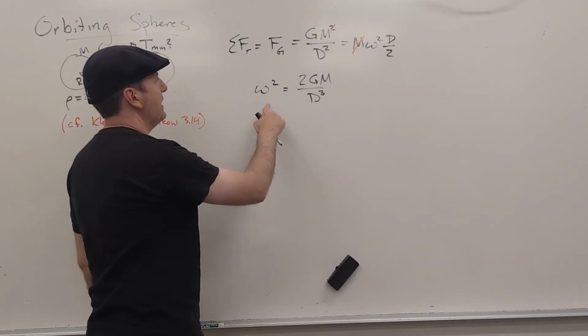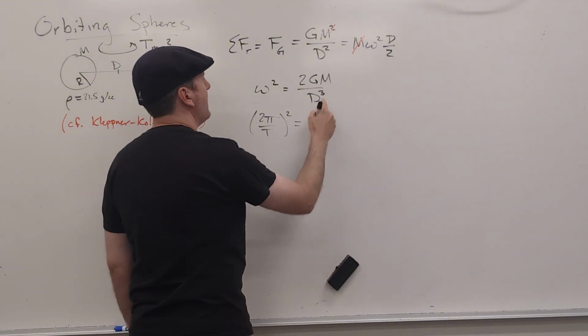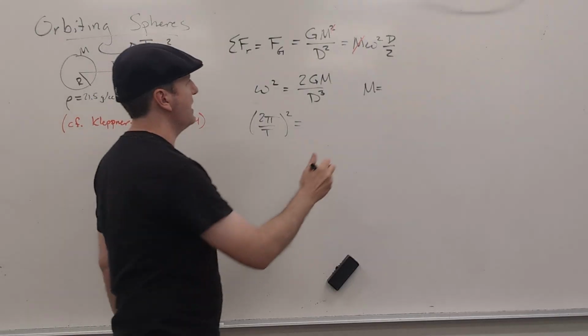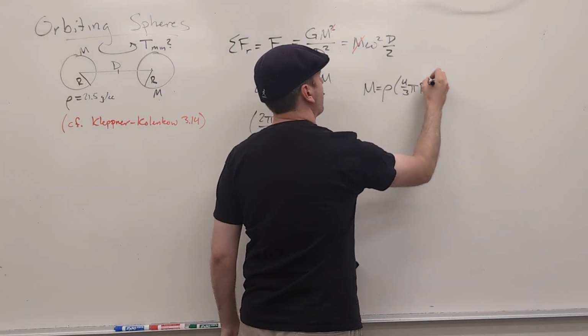Now what we're going to do is replace omega by 2 pi over T, and then let's replace m by the density of this sphere times its volume.